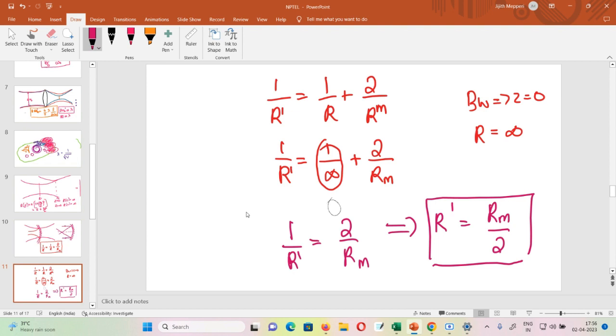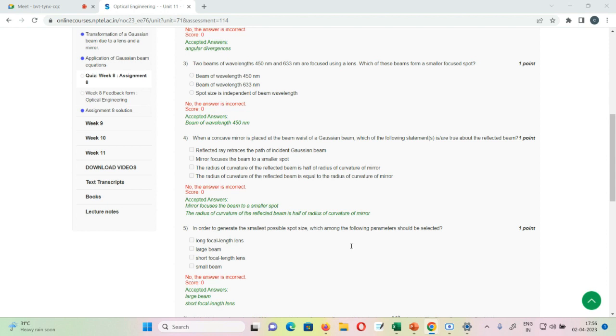You can see the answers. So the mirror focuses the beam to a small spot, and the radius of curvature of the reflected beam will be half of the radius of curvature of the mirror. So your answer will be B and C.